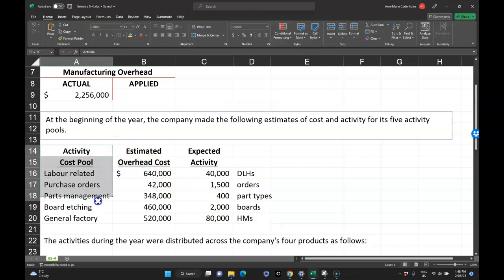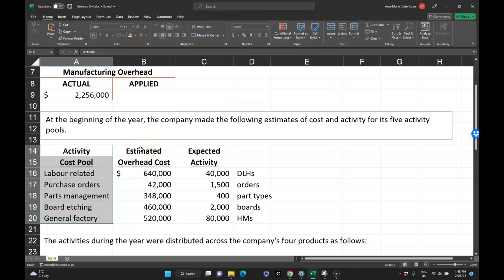So this part is step 1 and 2. So step 1 is to identify activities and create an activity dictionary. Step 2 is to create activity cost pools. So this will always be done for us. Then step 3 is to identify the resources consumed by individual activity cost pools.